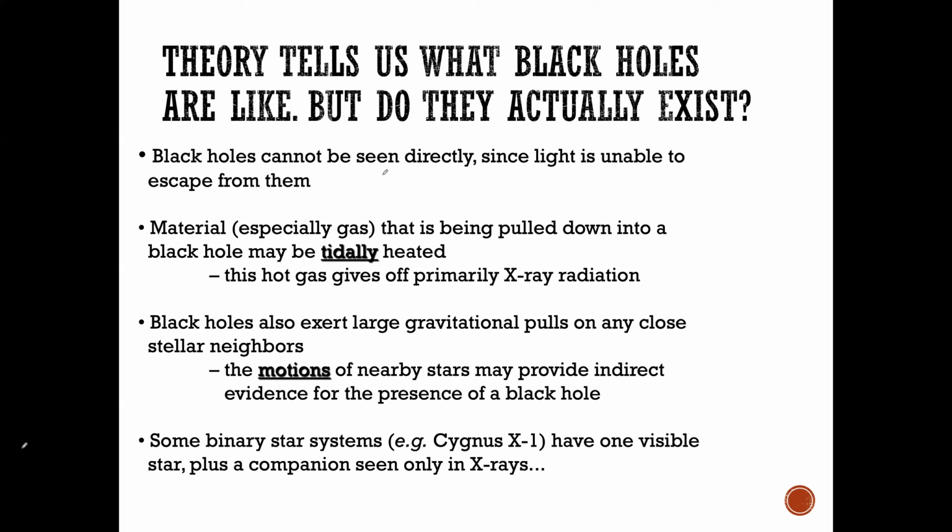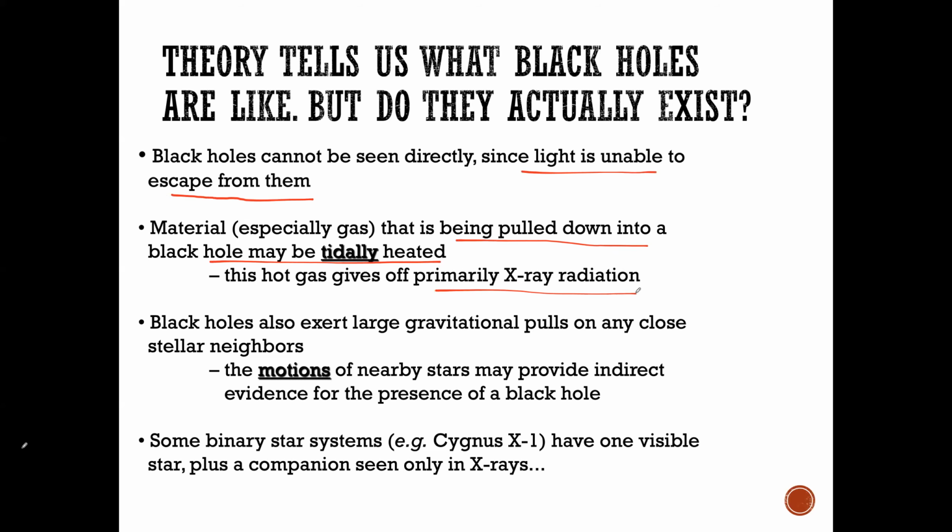Now, normally the black holes cannot be seen directly since the light is unable to escape from them. That is the normal phenomenon that happens from inside the black hole. You don't get any kind of light, right? Because light cannot escape. However, there is something that happens, which is that gas being pulled down into the black hole may be tidally heated and emit X-ray radiation, right?